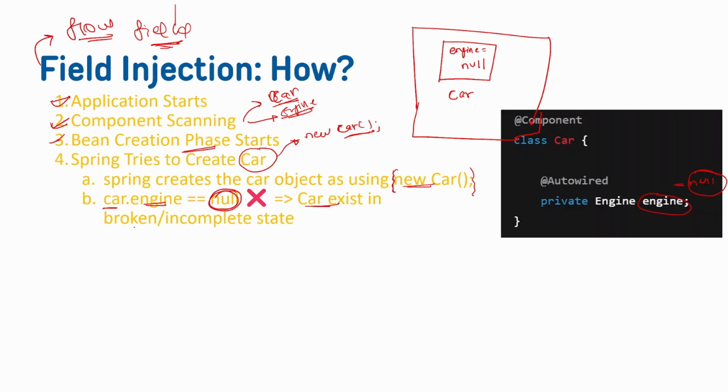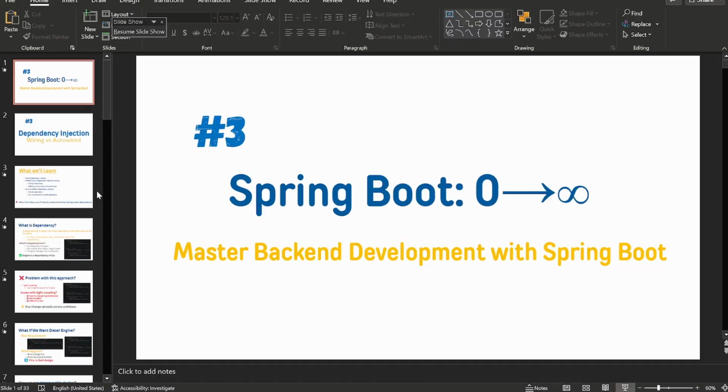Car exists in a broken or incomplete state because Engine is a required dependency, but with field injection the Car is created first without the dependency, and at this moment engine is null. If during this phase we call c1.drive, the engine will be null, and when we write engine.start it will give a runtime error. Why?